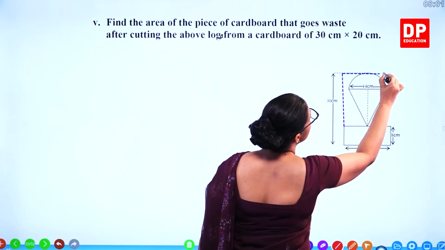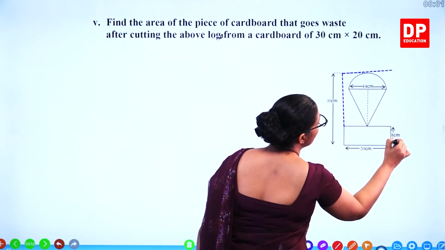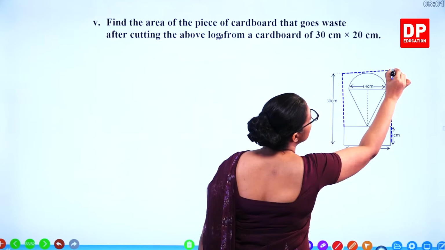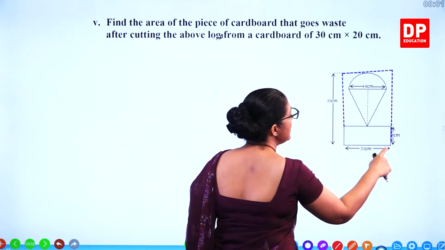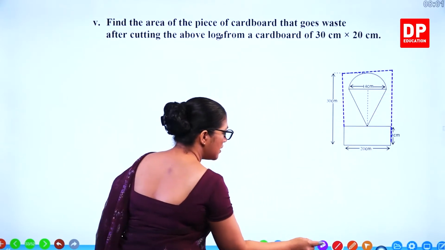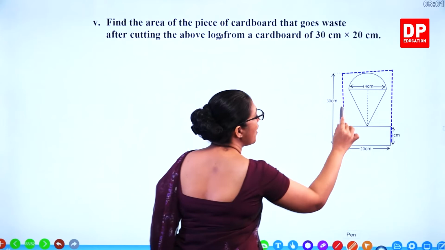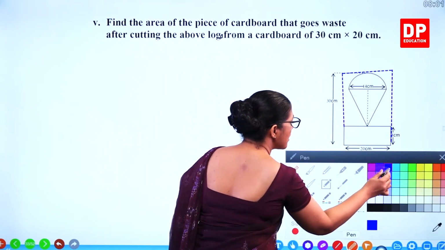So here to here, here to here, and here to here. This should be the cardboard, 30 into 20, and you need to find out the wastage part, this area. How do you find out?